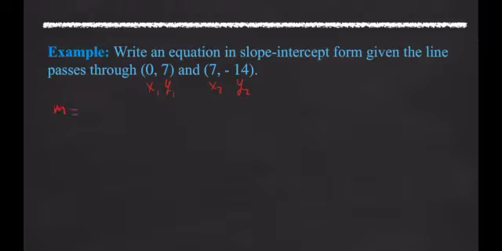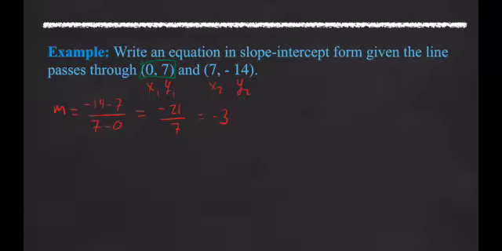So slope is negative 14 minus 7 over 7 minus 0, which ends up being negative 21 over 7, which gives us negative 3. That is slope. Looking at our points, they happen to already give us the y-intercept.